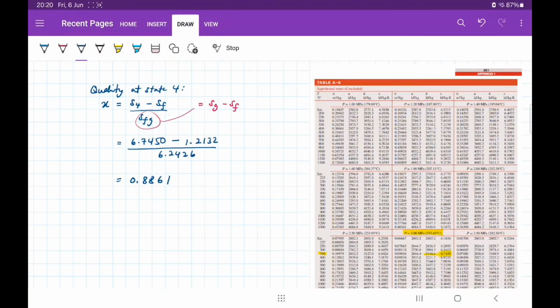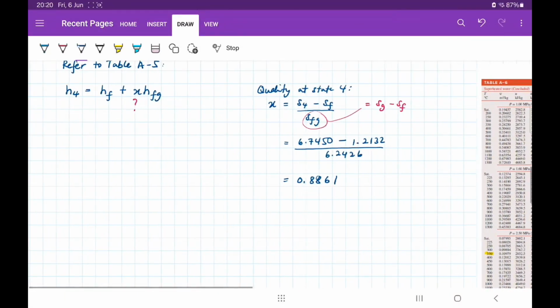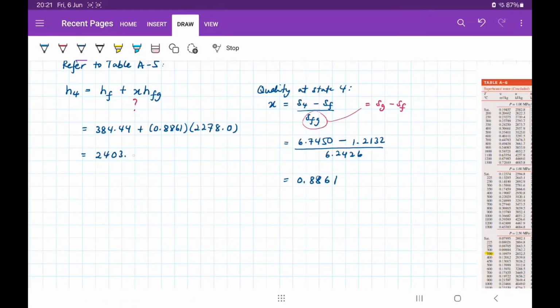So basically what we are seeing is that the quality of your steam is quite high, almost 90%, like 88%. So we are going to use this value to determine our enthalpy. That is 0.8861 multiplied by 2278.0, and this equals 2403.0 kilojoule per kg.